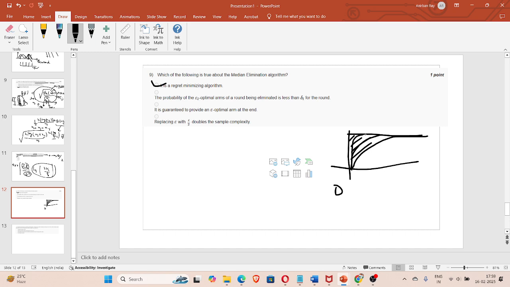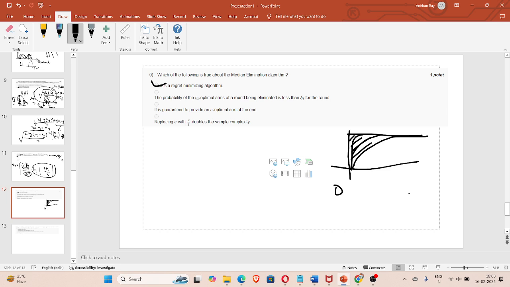But that is not the point here. Getting to the right arm is the important thing, not getting there quickly. The probability of the optimal arms of the round being eliminated is less than delta L for the round.